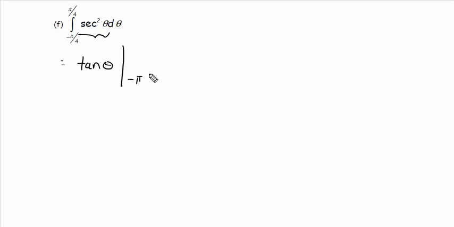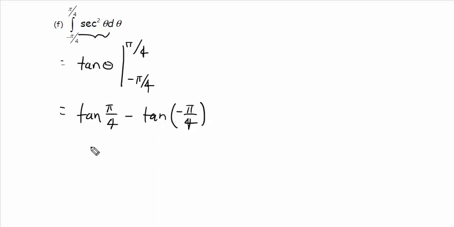And I'm going to evaluate that from negative pi over 4 to pi over 4. Then use the Fundamental Theorem of Calculus to get tangent of pi over 4, then subtract what I get when I substitute in negative pi over 4. So tangent of pi over 4 is 1, and tangent of negative pi over 4 is negative 1, so 1 minus negative 1 is 2.